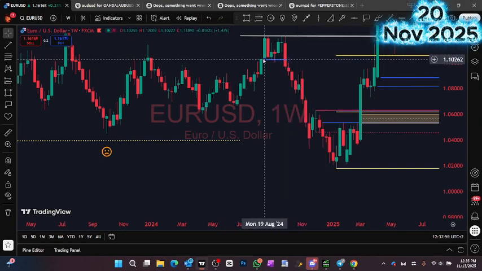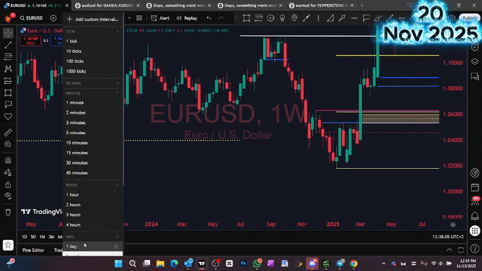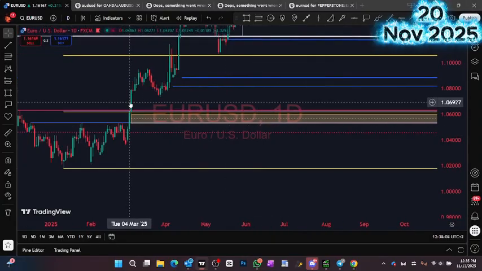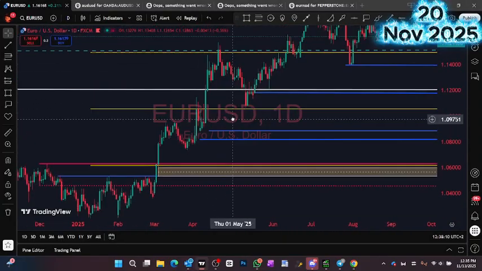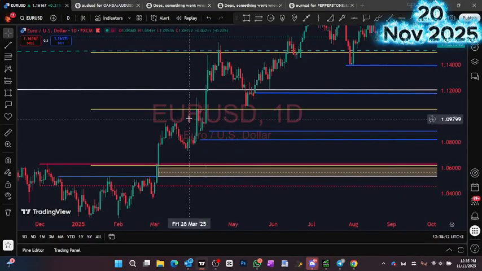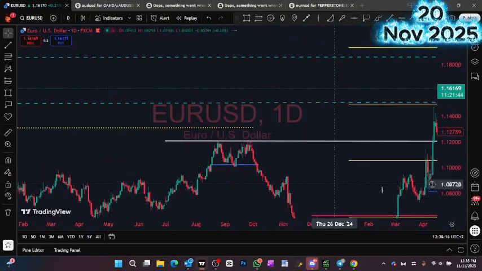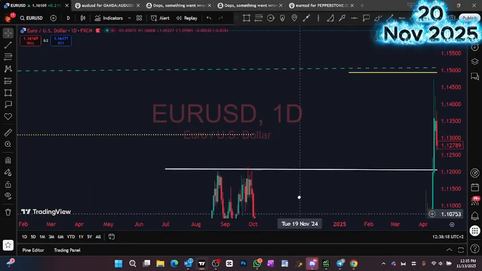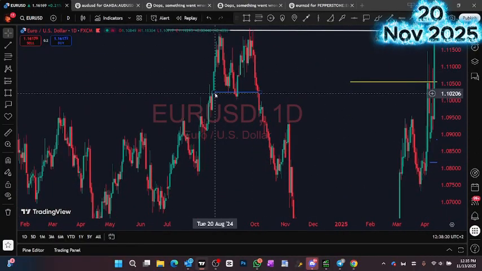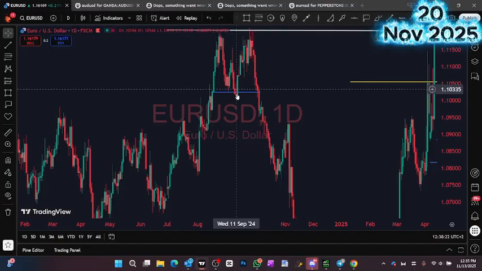If you go down to a lower time frame, you'll find many candles bouncing up and down there. Oh, there we go. So this is the support. It came down, broke that support, and then closed underneath.